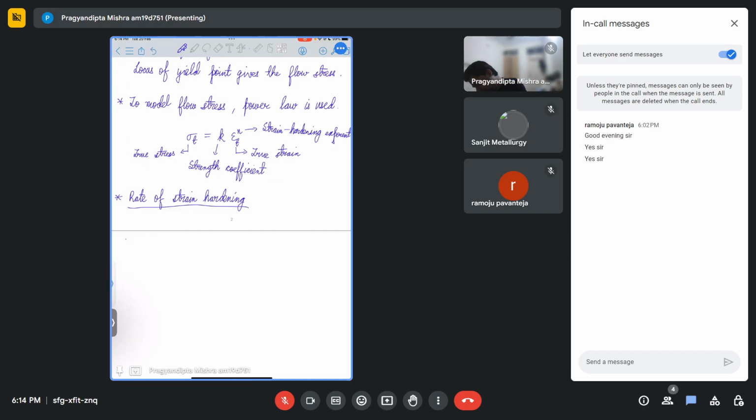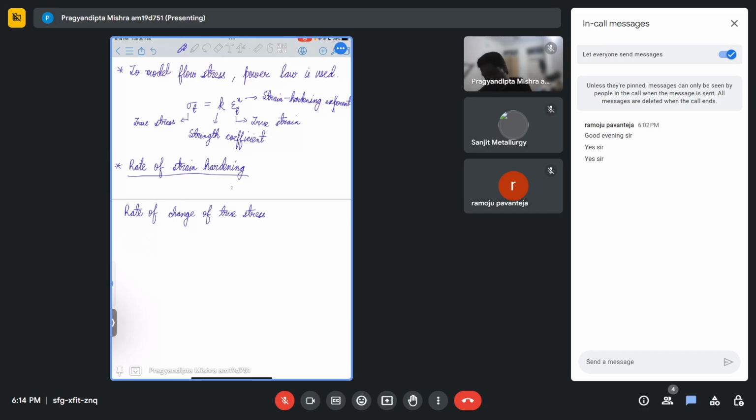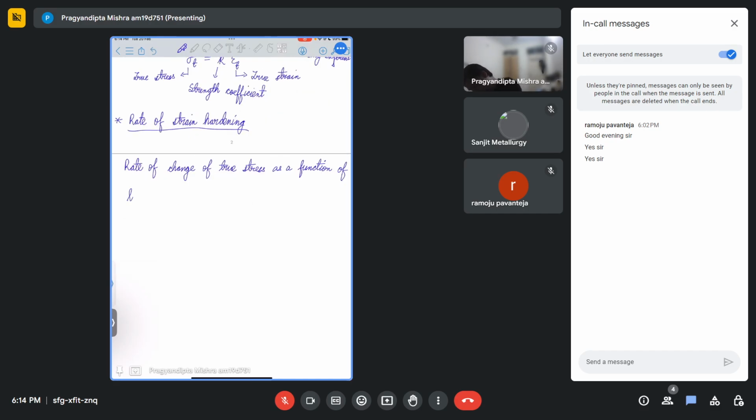Okay, so let me write it down. Rate of change of true stress as a function of true strain in a material undergoing plastic deformation.